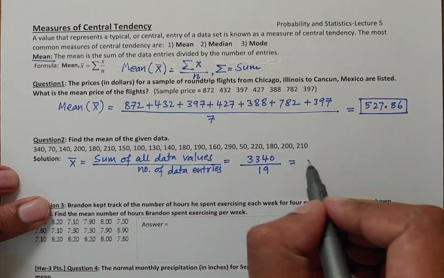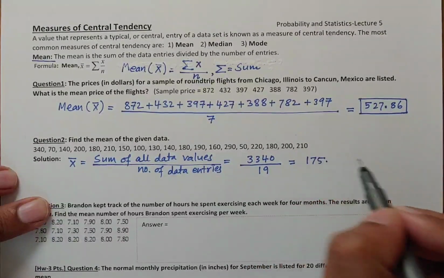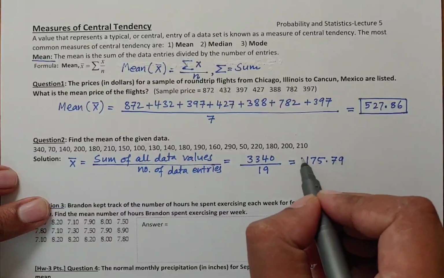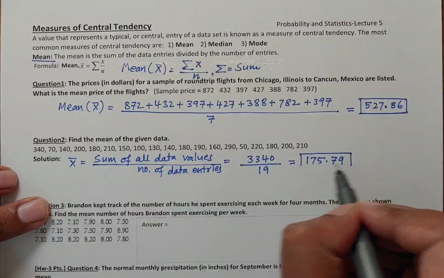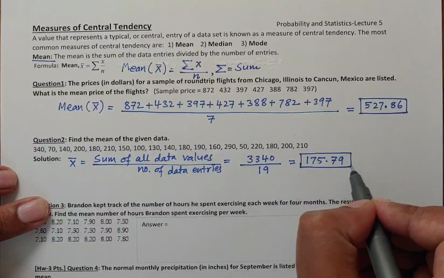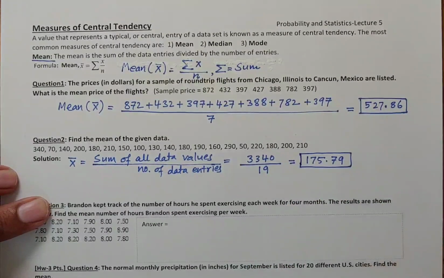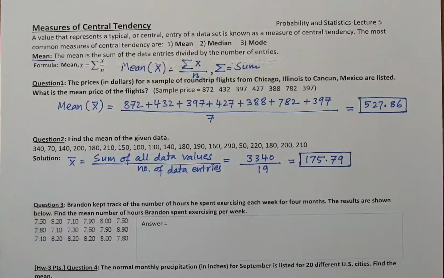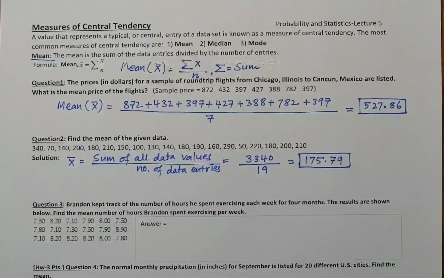I get 175.79. This is the mean. Finding mean is just like finding average. Average and mean are the same. We add the numbers and we divide by the total number of items.